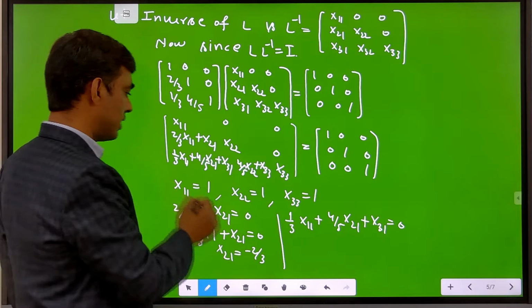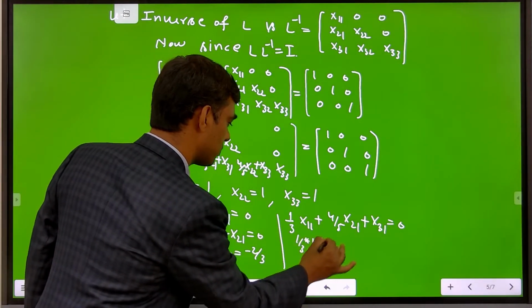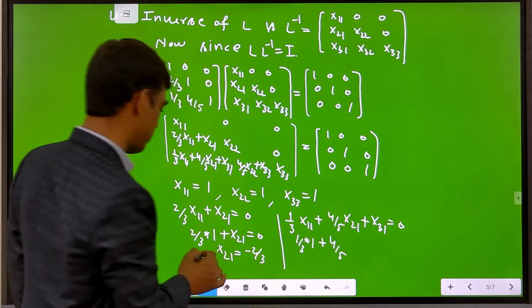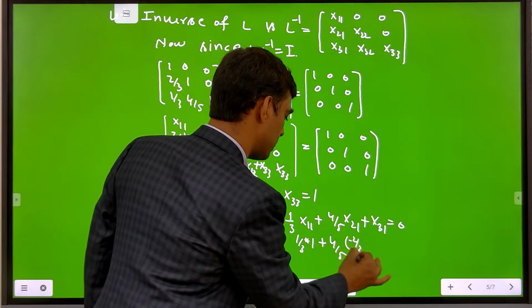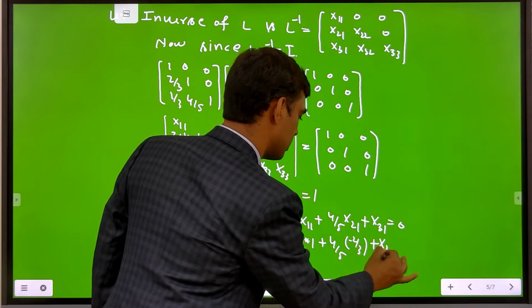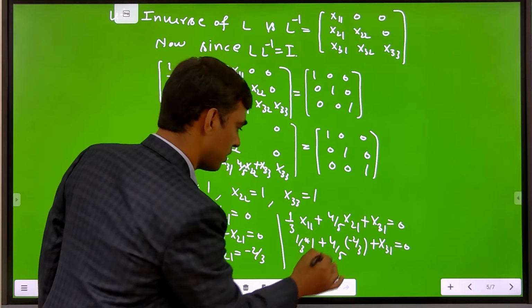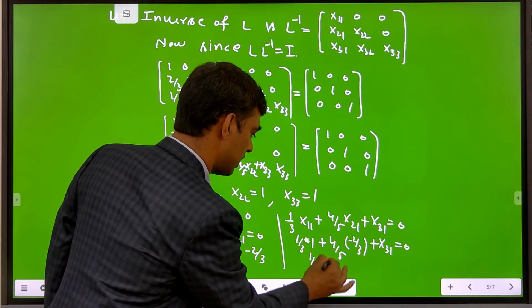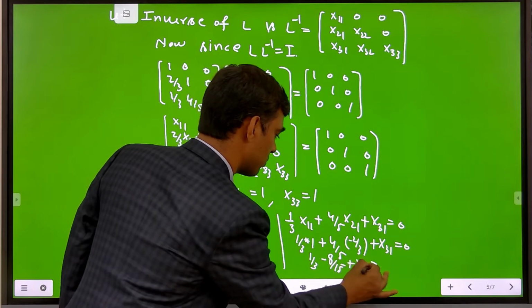We have the value of x11, so this becomes 1/3 into 1 plus 4/5 into x21. x21 is minus 2/3, so 1/3 minus 8/15 plus x31 equals 0.